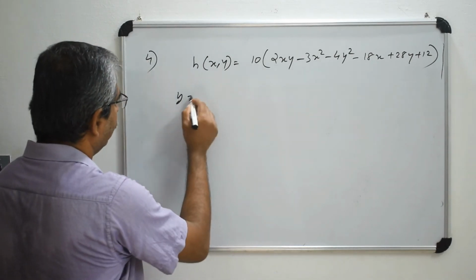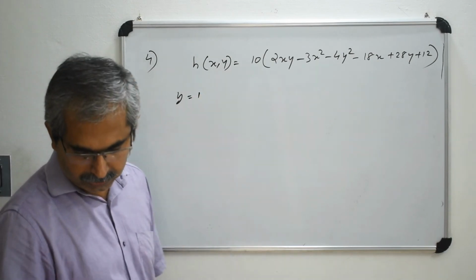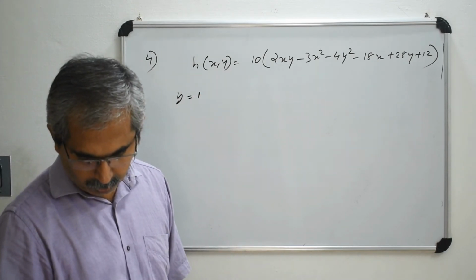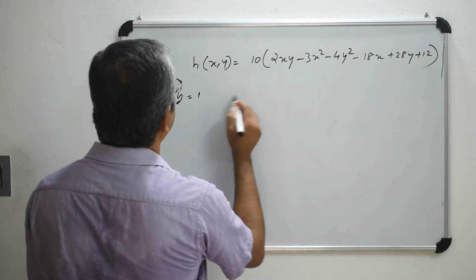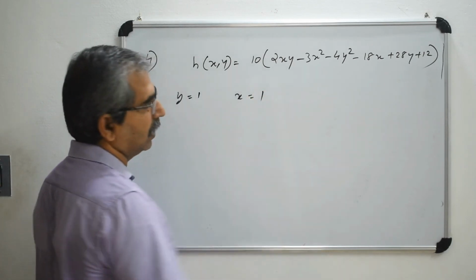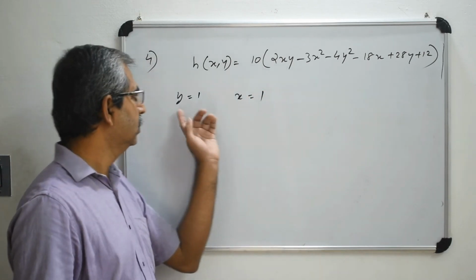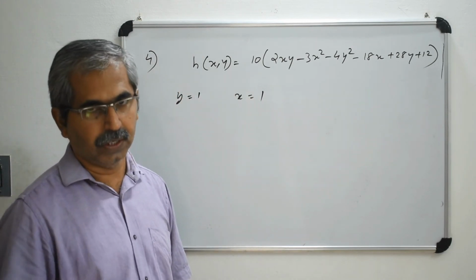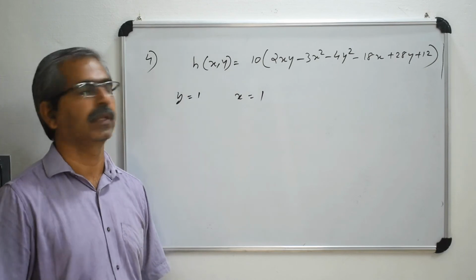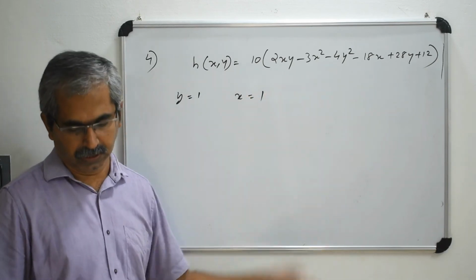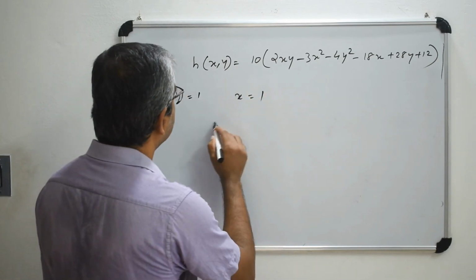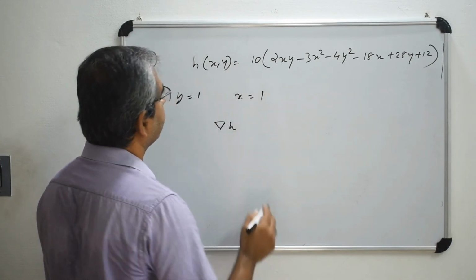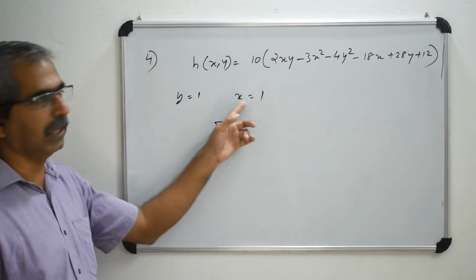That is y is equal to 1. And also 1 mile east. That is x is equal to 1. Okay, x is the distance east. So y is equal to 1, x is equal to 1. Okay, so you have to find the value of the slope. How steep is the hill? So you have to find the value of del h at y is equal to 1, x is equal to 1.